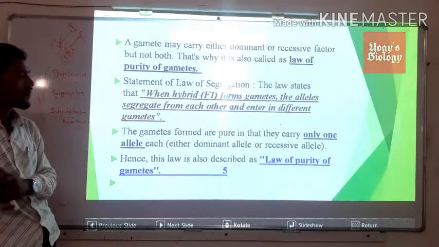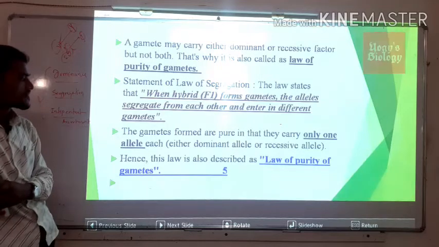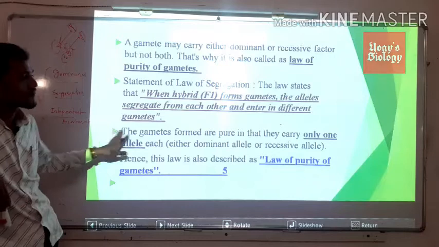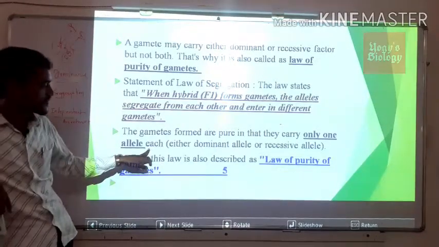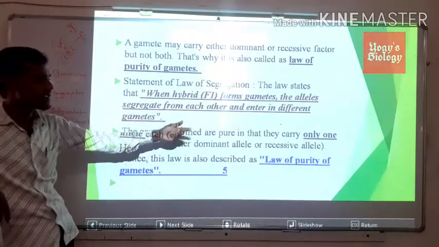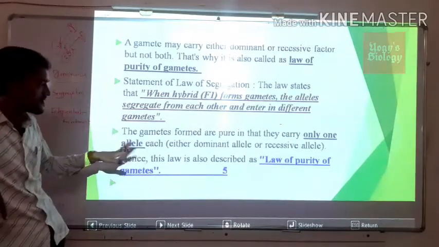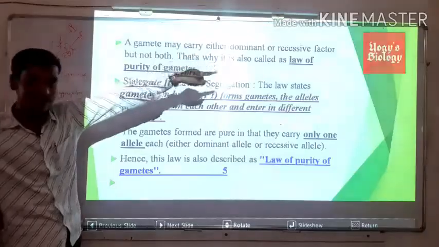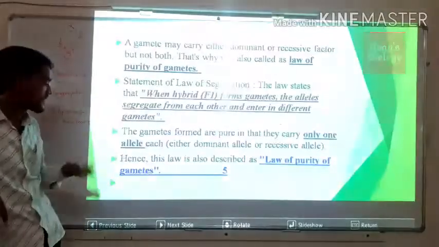The gametes formed are pure in that they carry only one allele, either the dominant allele or the recessive allele. Only one allele or factor is carried.